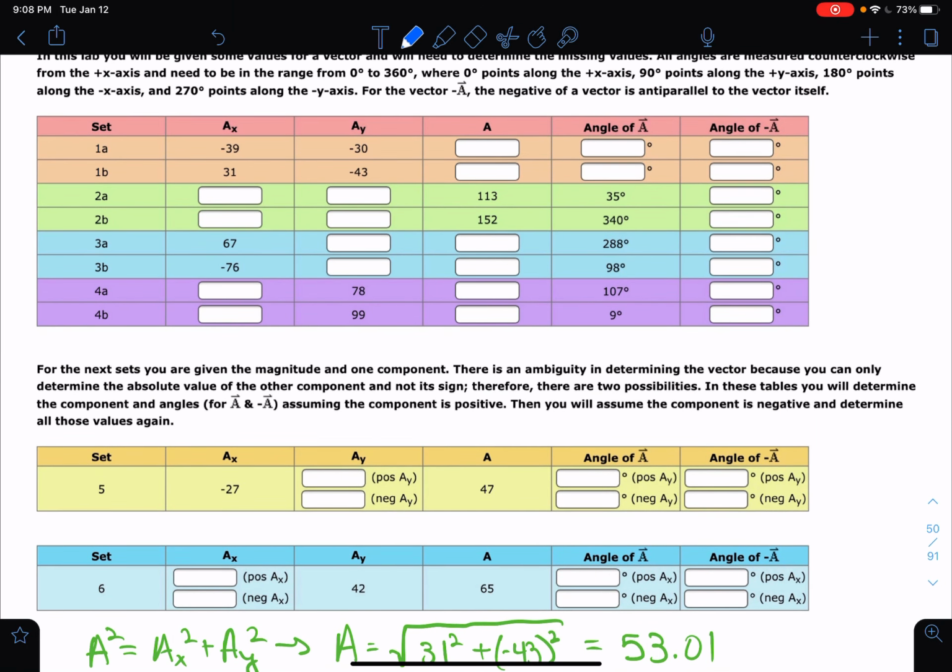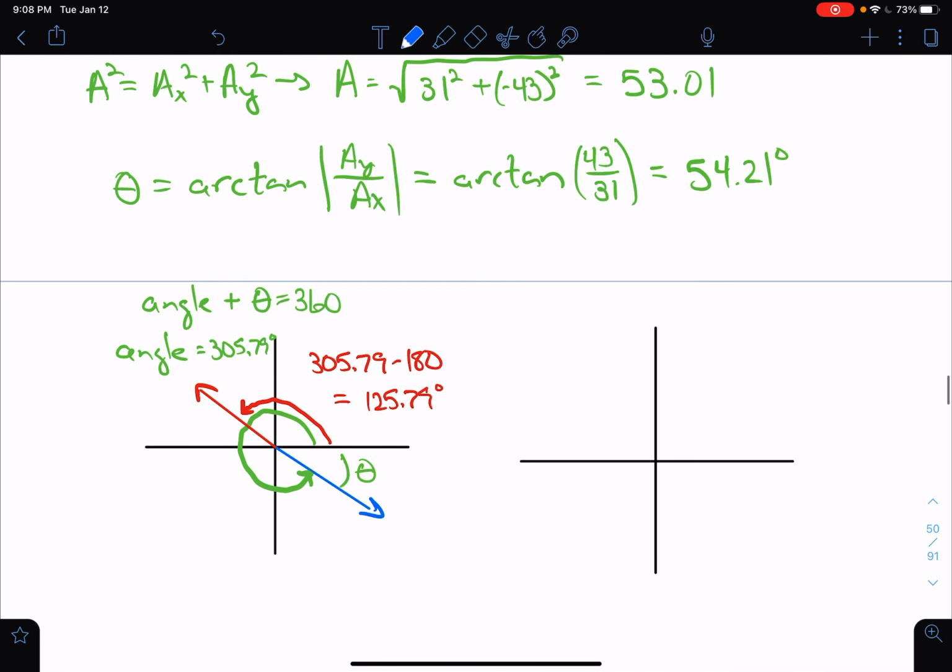Let me look closer at 2a. Okay, so 2a is at an angle of 35 degrees, so that puts it in the first quadrant because it's 35 degrees from the positive x-axis. So here's the positive x-axis, 35 degrees, doesn't even get me here, right? This would be 90 degrees from the positive x-axis. So 35 degrees is just somewhere over here. That's 35 degrees right there.